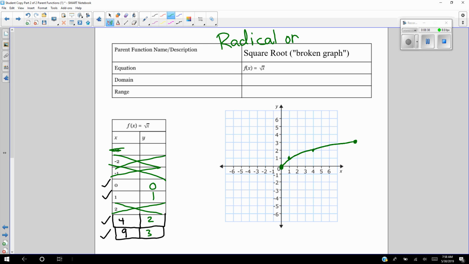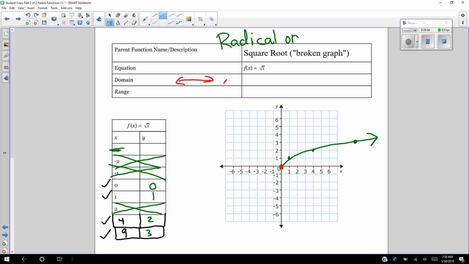You'll notice there's only one arrow on one of the ends because this graph cannot exist here on the left-hand side. So it does not keep going that direction like all of our other parent functions. So when we list the domain, it is how far left and right this graph goes. Well, it doesn't go. It stops going to the left right here at this x coordinate.